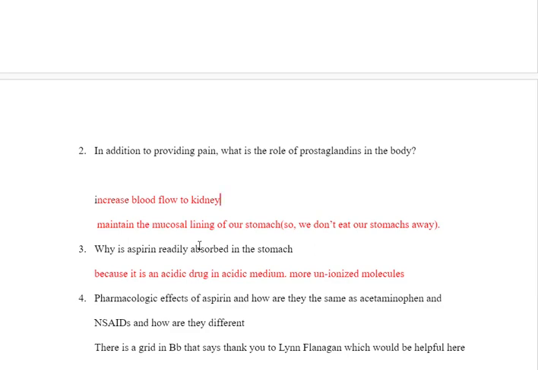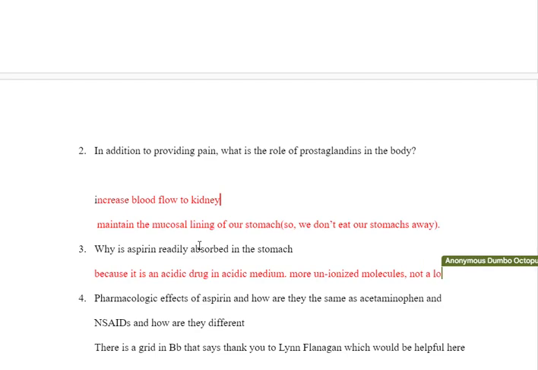No, make nothing. I don't get it. Okay. So when aspirin, the acidic drug, enters the acidic medium, mostly non-ionized molecules are formed, HA. But if I said to you, not a lot of ionized or charged molecules are formed, that means that a lot of non-ionized have been formed.